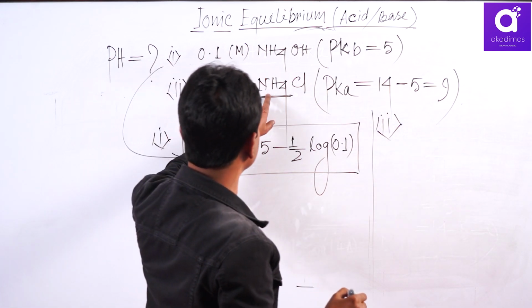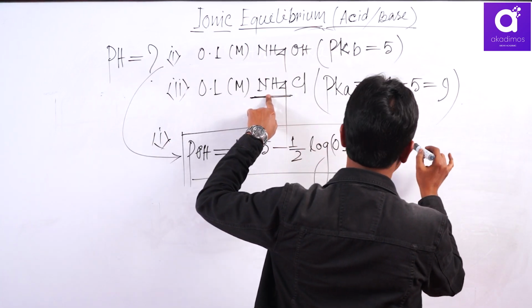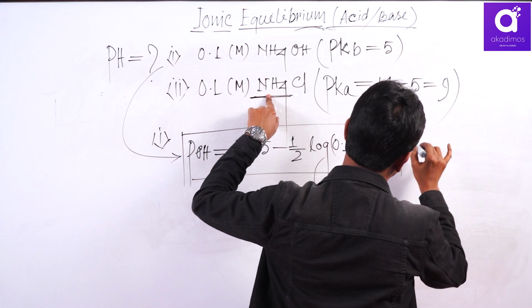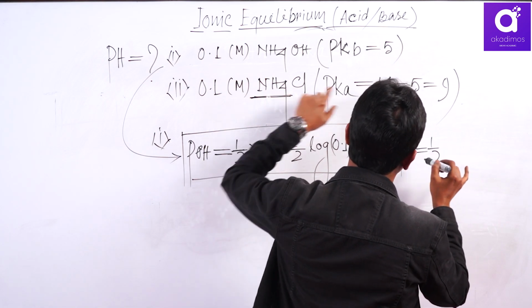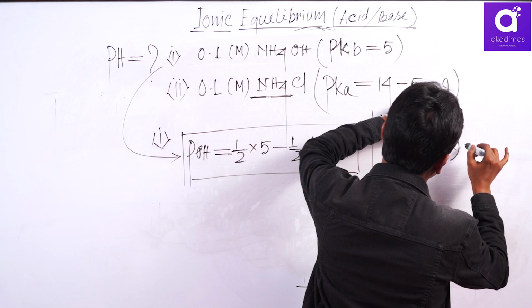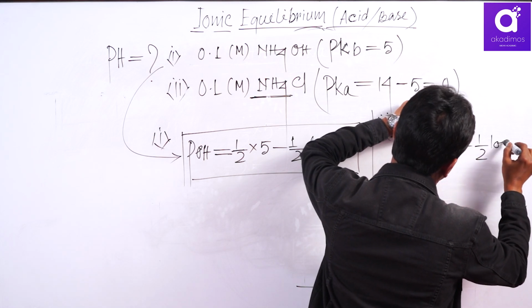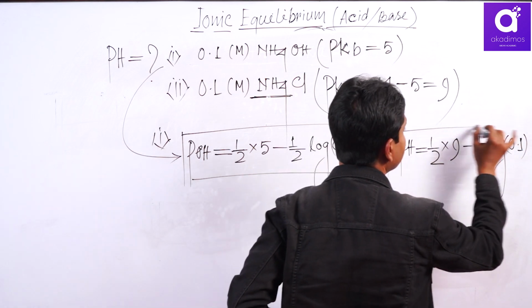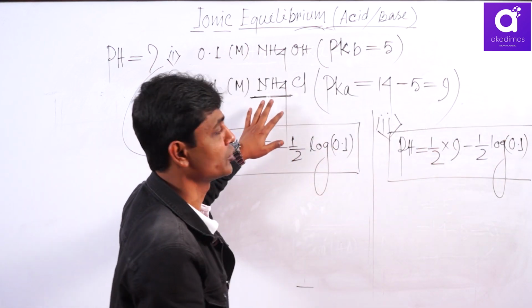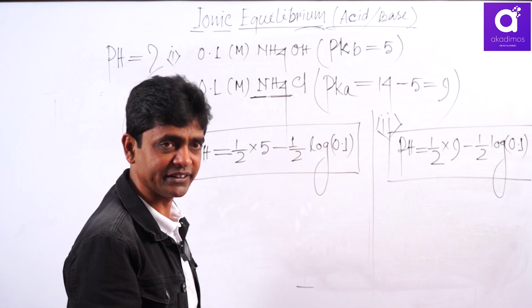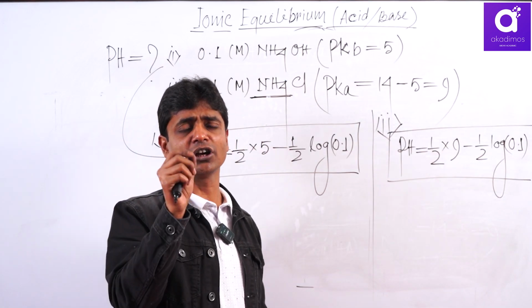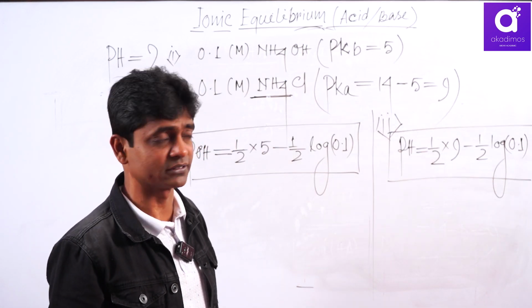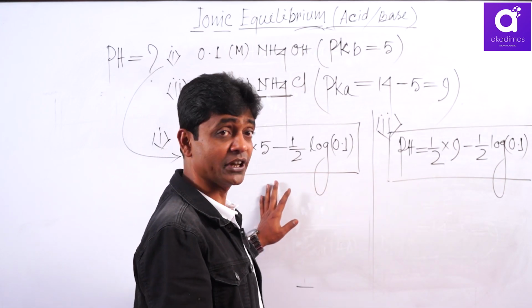And what is the pH of the second problem? Here consider NH4 plus ion as a weak acid, and pH is equal to half pKa, half into 9 minus half log 0.1. By using this equation directly, you will get the pH of the ammonium chloride solution. That means you got the idea. Additionally, you don't have to remember the salt hydrolysis part separately. From this equation you will get the pH.